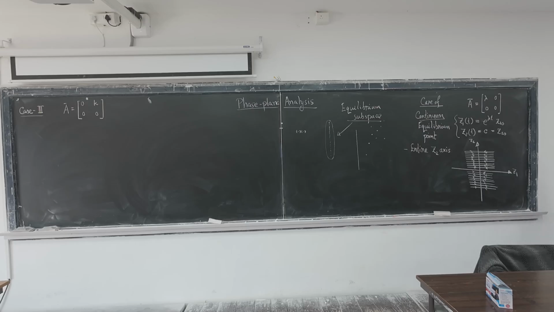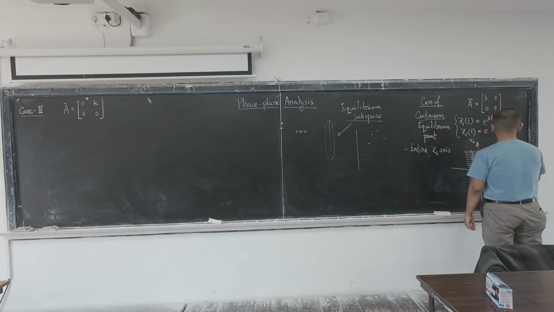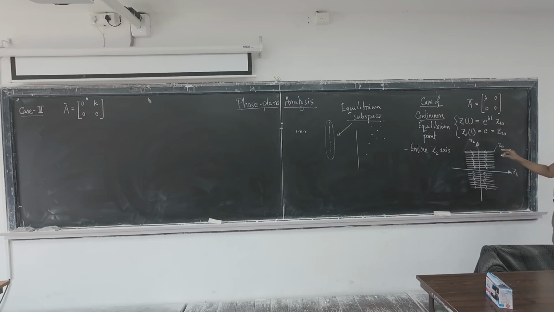How did we draw it? If this is the situation, then of course the solution for Z1 would be Z10, and for Z2 it would be Z20. Consider any of the initial points, suppose Z10, Z20, both of them positive. Then in which direction will it go?